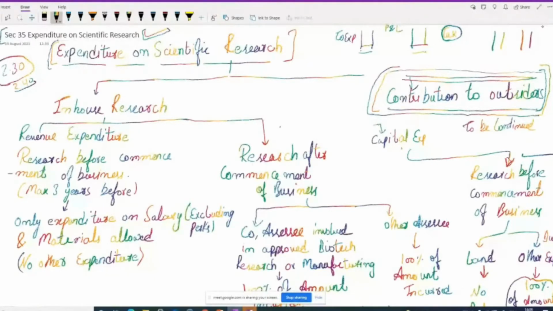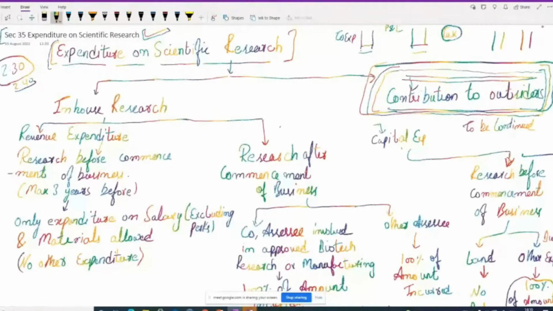Now, first, scientific expenditure can be classified into two main types, like in-house and outsider. And in-house, further you can divide it into revenue and capital. Revenue expenditure, contribution to outsider, we will discuss this part later on.